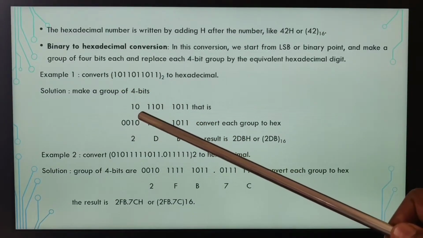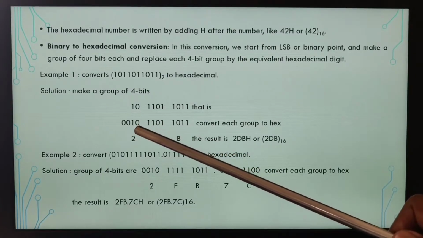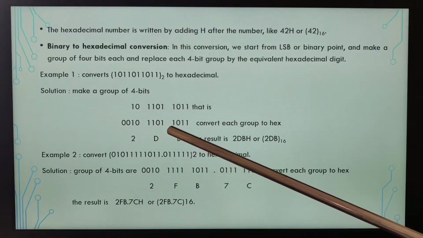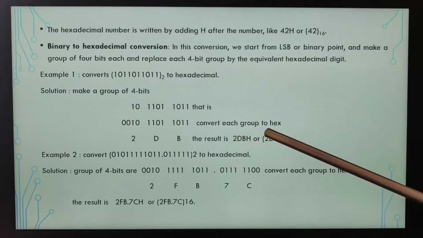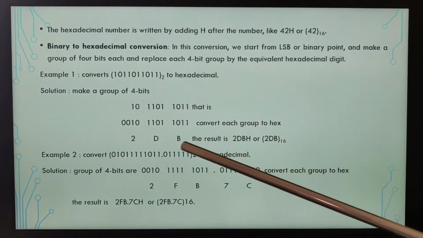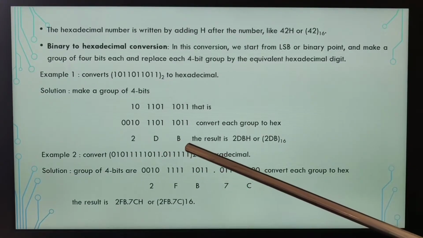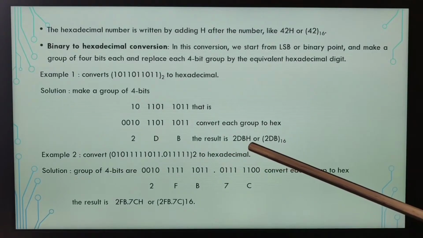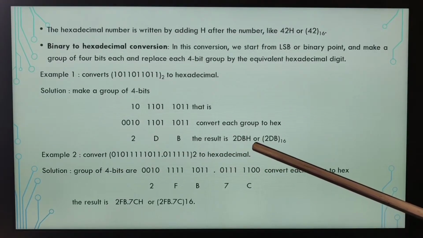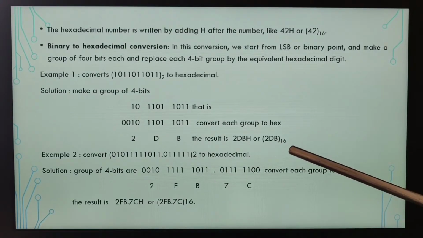Here there are only 2 digits, so we add 00 on the left side, and we get 0010, 1101, 1011. We convert each group to a hex number. So this is 2, this has the value D and this has the value B. The result is 2DB hexa, H means hexa, or 2DB to the base 16.